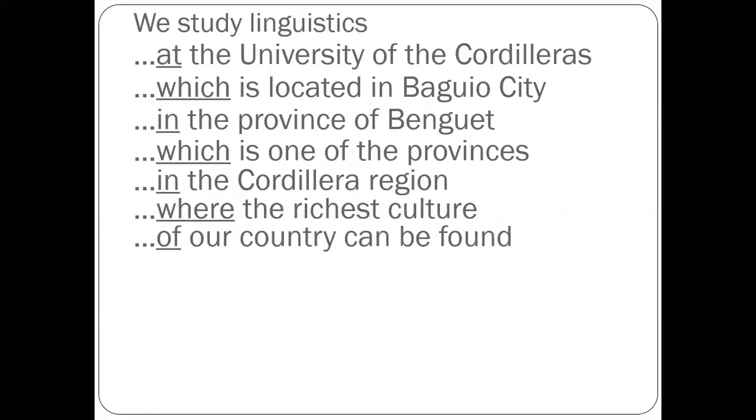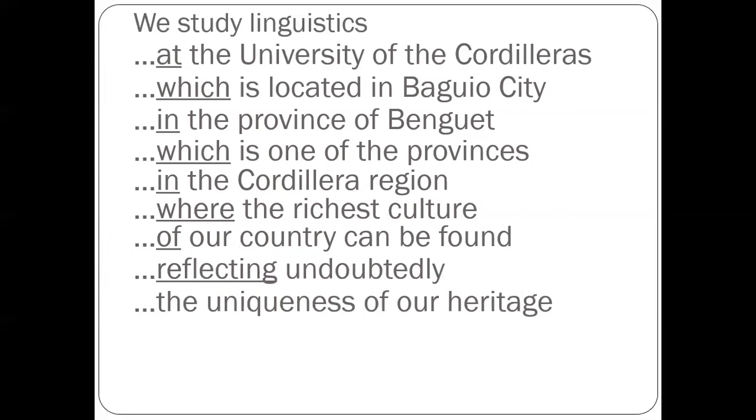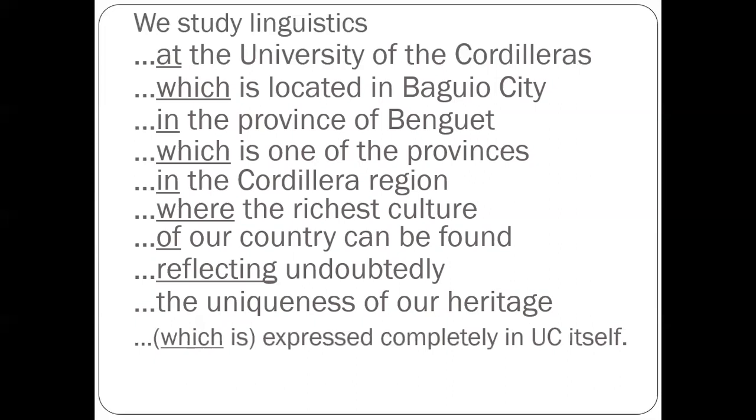Where the richest culture of our country can be found, of is therefore a preposition. Reflecting, undoubtedly, reflecting is what you call a gerund. Yeah. Undoubtedly, we can also use a gerund as an adjunct. Reflecting undoubtedly the uniqueness of our heritage, which is expressed completely in UC itself.